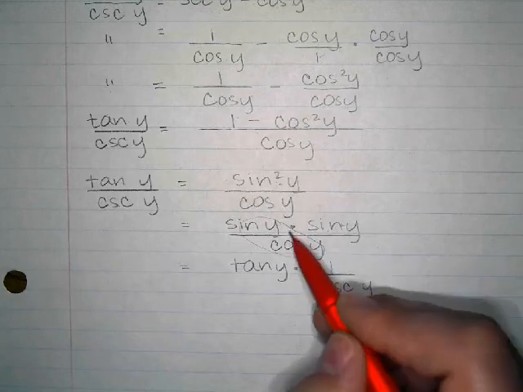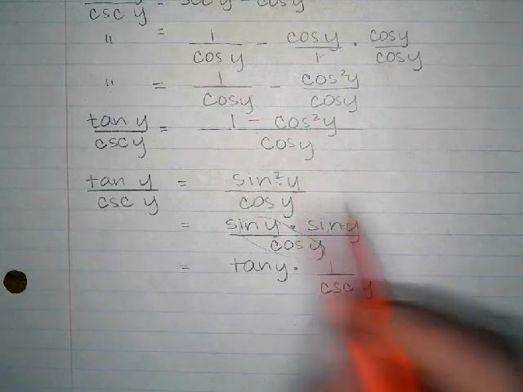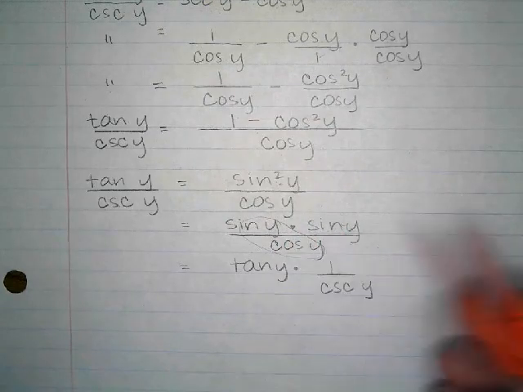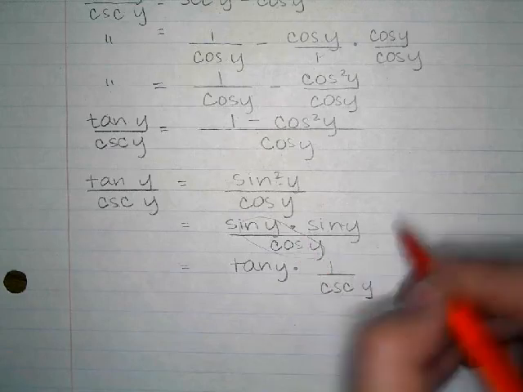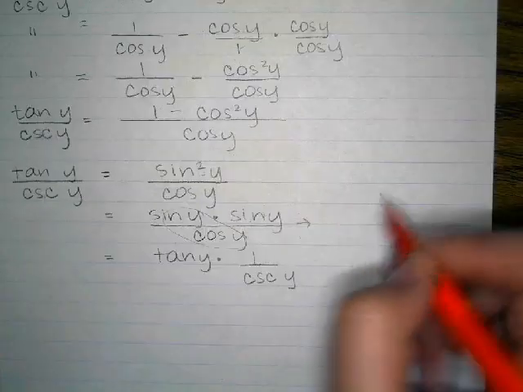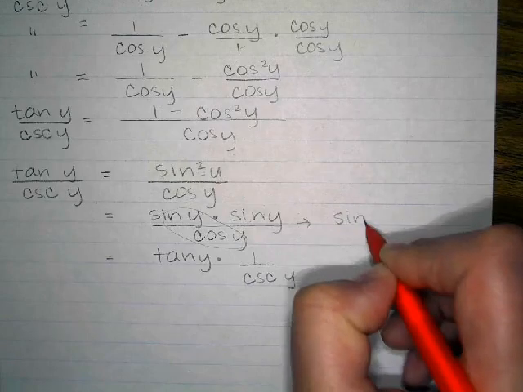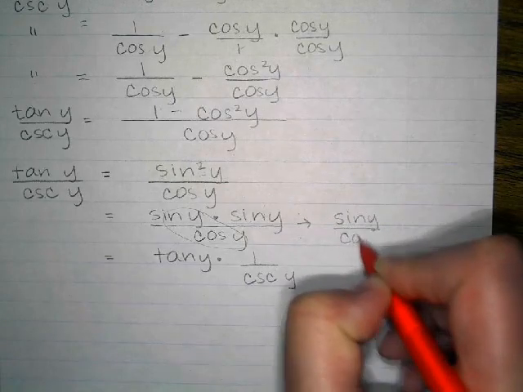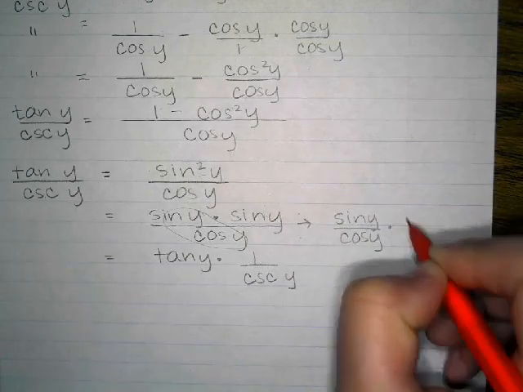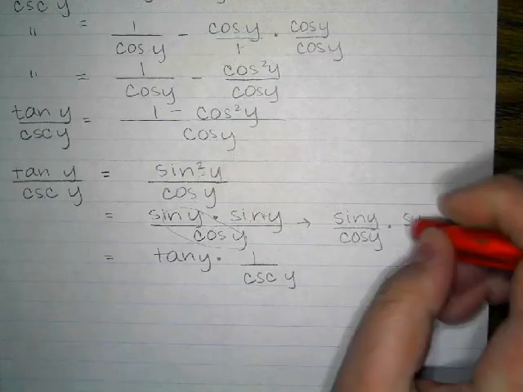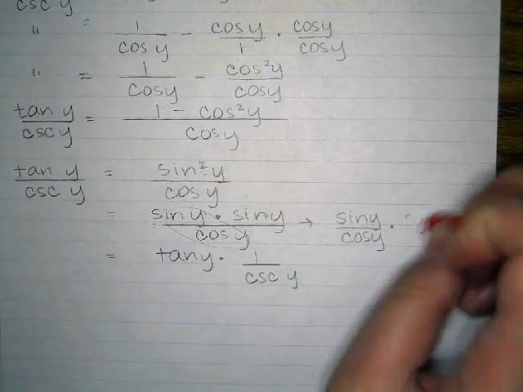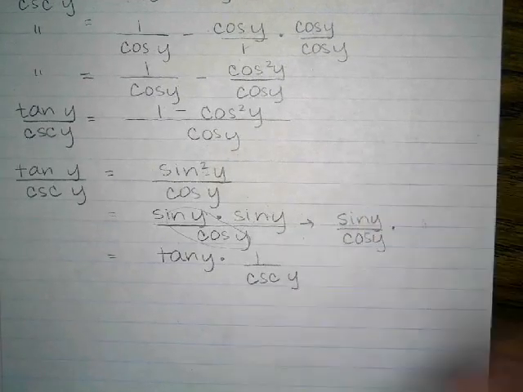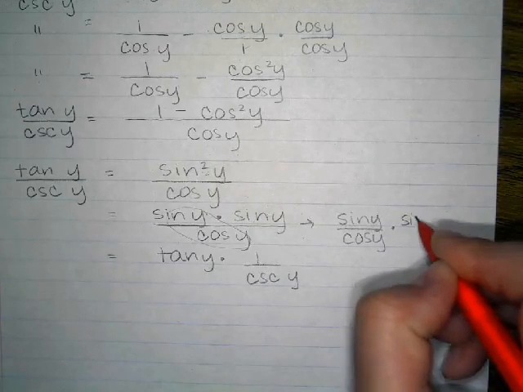Because it says multiplication, right? So anytime you've got multiplication, you could think of this part right here as sine y over cos y times sine. Not keep, change, flip, because that's division. That's a fraction divided by another fraction.